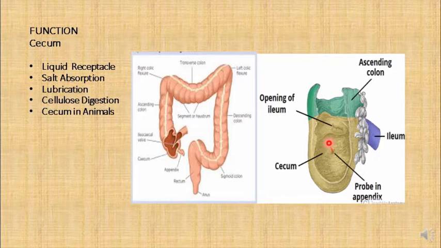It collects it into it, and all the salt is absorbed in this. So it plays a very important role in salt absorption also, absorption of salts and electrolytes into the body from the liquid which has been collected from the small to the large intestine.